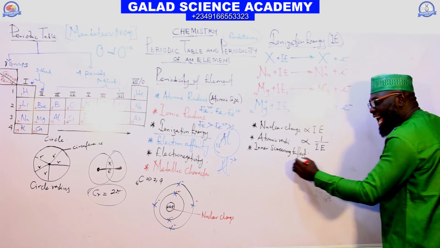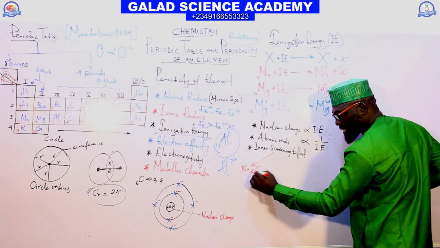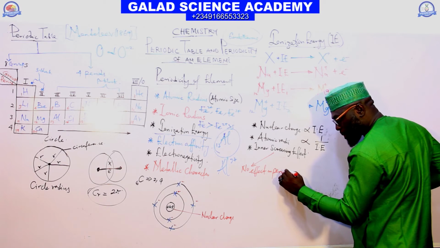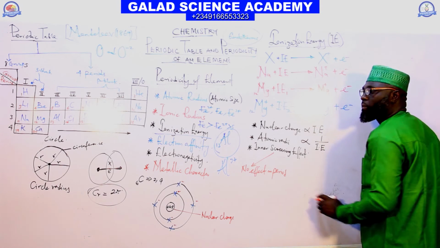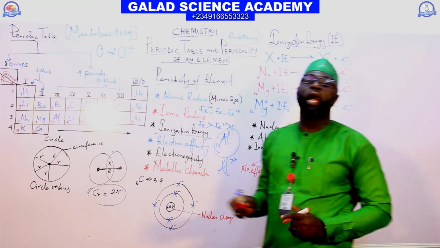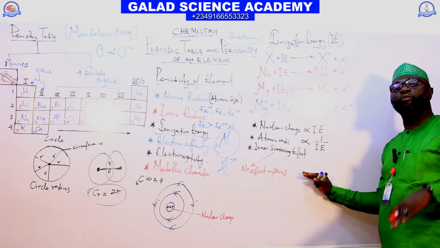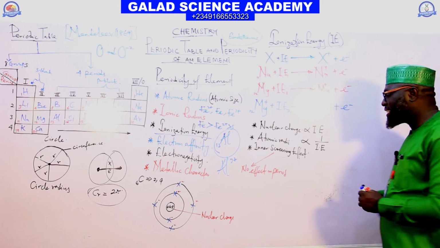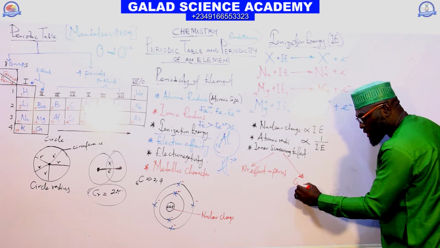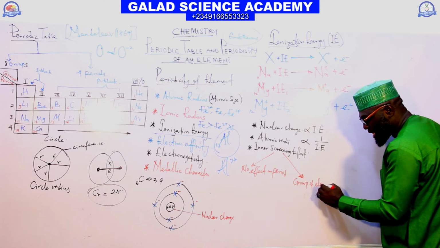It has no effect on the periods of an element, because they have the same number of shells. But the screening effect has effect on a group of an element.